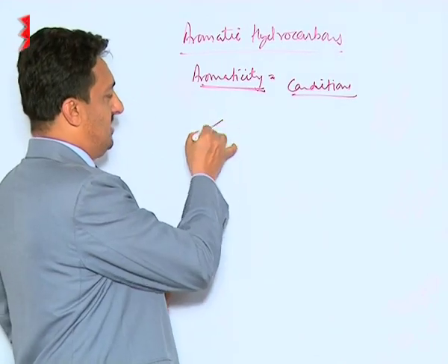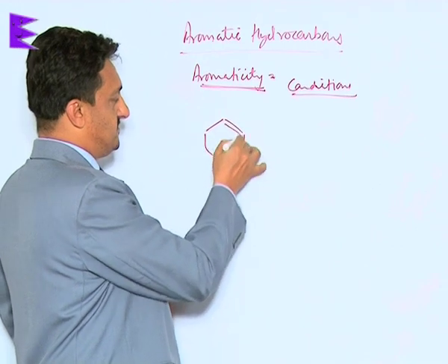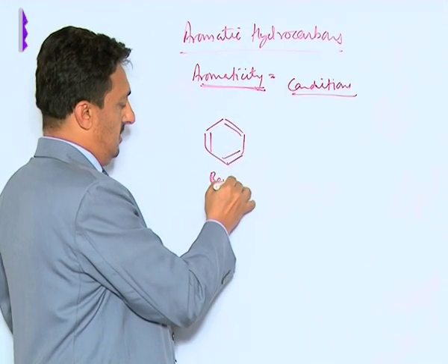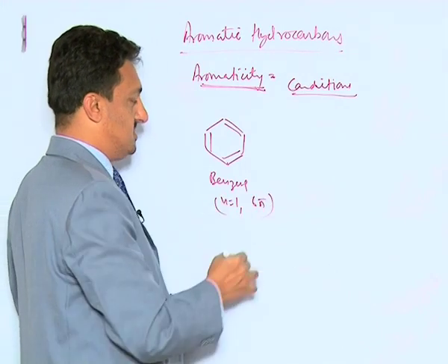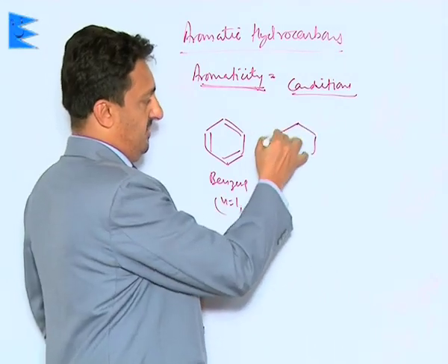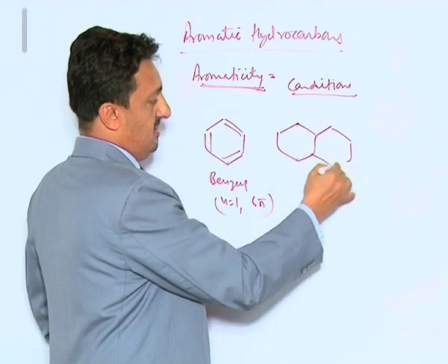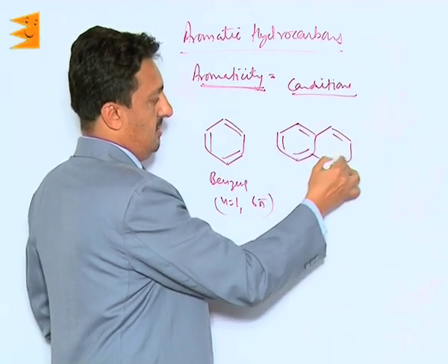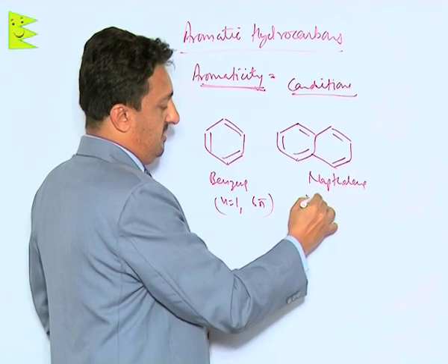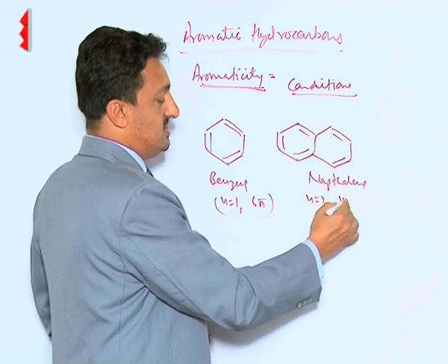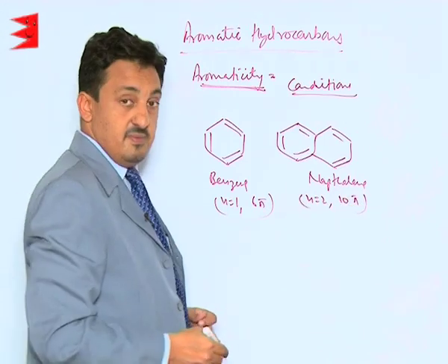The examples include benzene. In benzene, when n is taken as 1, we have 6 pi electrons. We have naphthalene, because in this case n is 2 and we have 10 pi electrons.